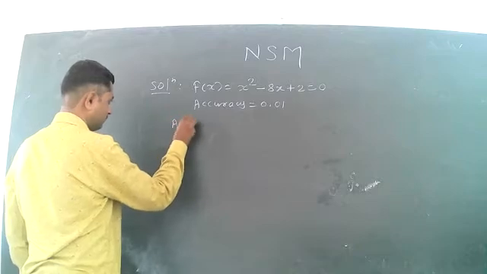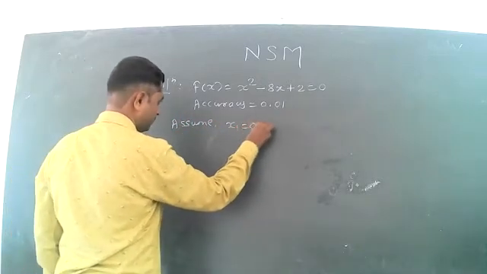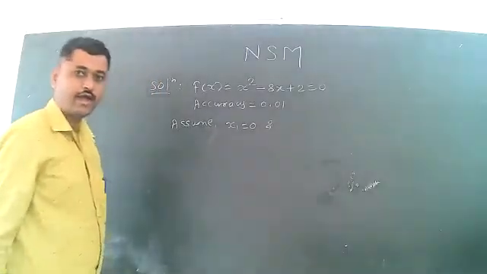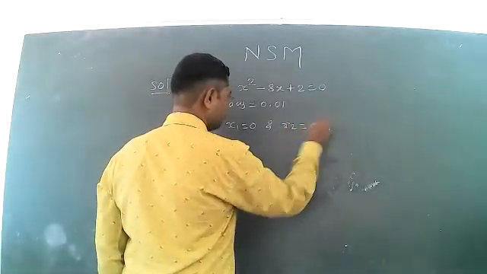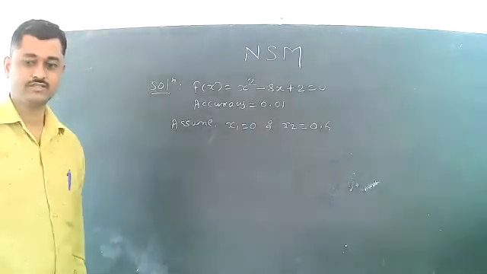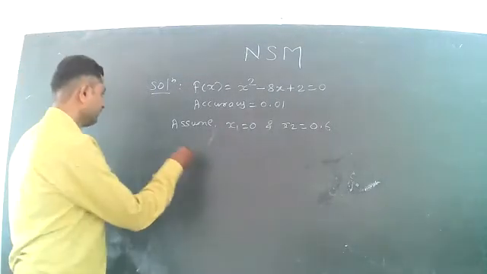Let us assume x1 is equal to 0 and x2 is equal to 0.6.